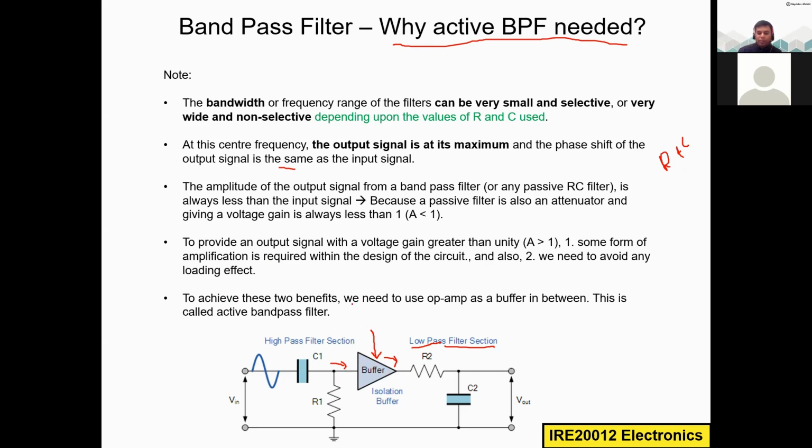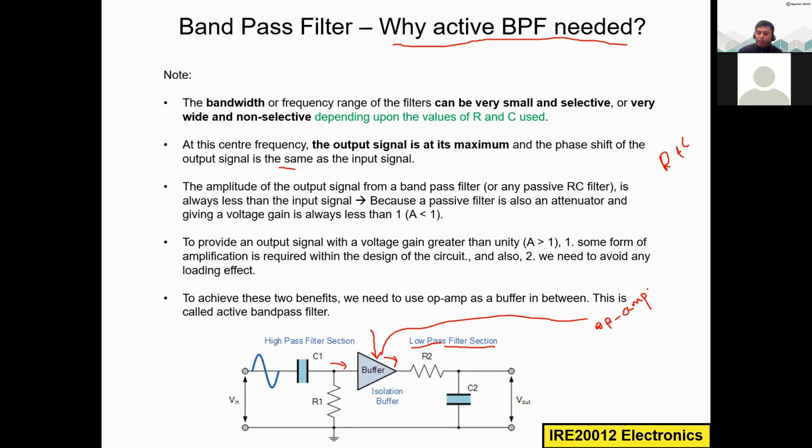To achieve these two benefits, we need to use an op amp as a buffer in between. This is called an active band pass filter. It's not a must that you use the operational amplifier. What other amplification elements have you studied so far in your previous course?